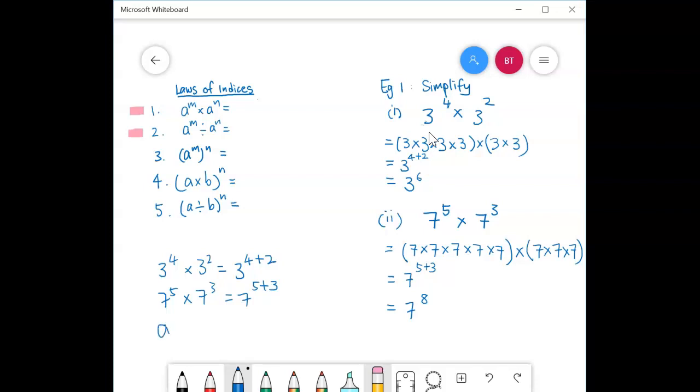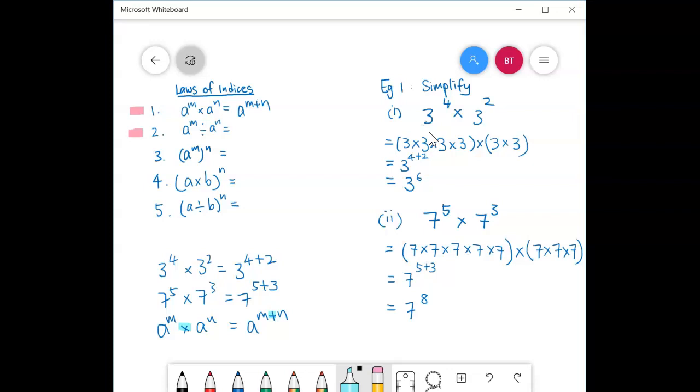And therefore, a to the power of m times a to the power of n gives us a to the power of m plus n. I'd like to draw your attention to the fact that when it is a multiplication between two numbers of the same base, the power gets added together above one single base A.